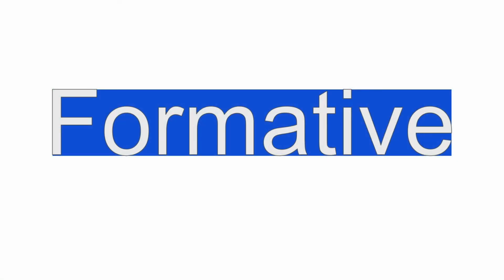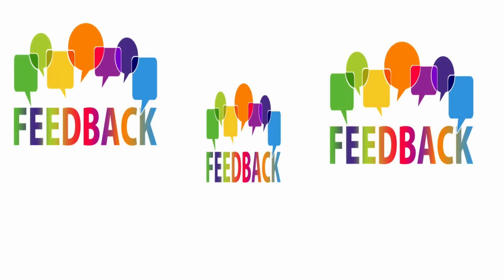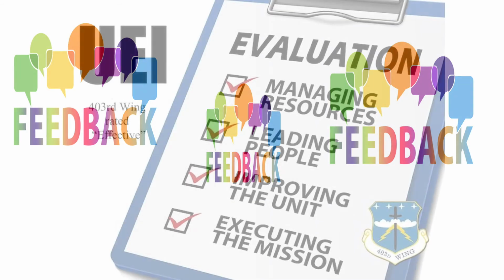The another type of feedback is formative feedback. It is an ongoing process. This process provides the opportunity for the learner to get feedback in proper interval. Their works are evaluated and immediate comments are given.